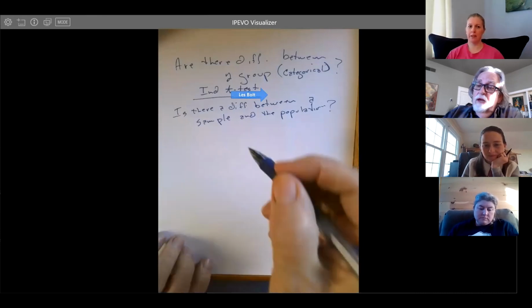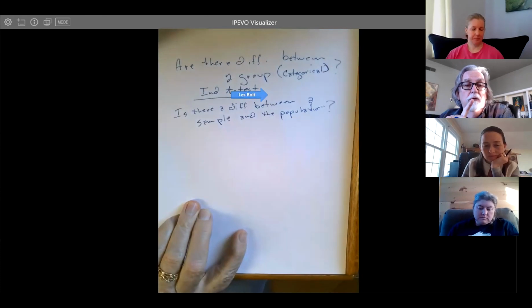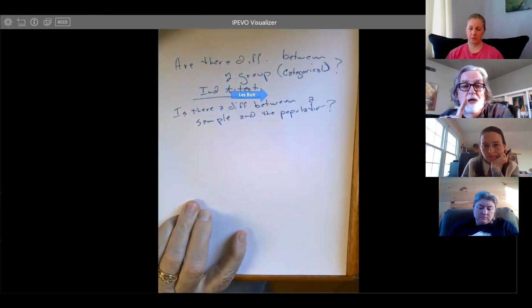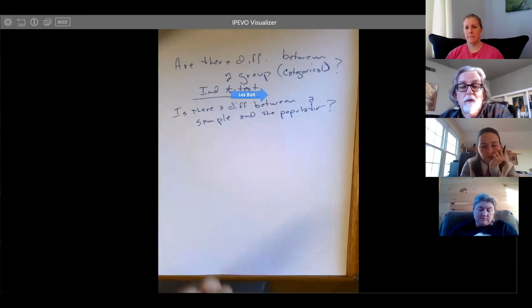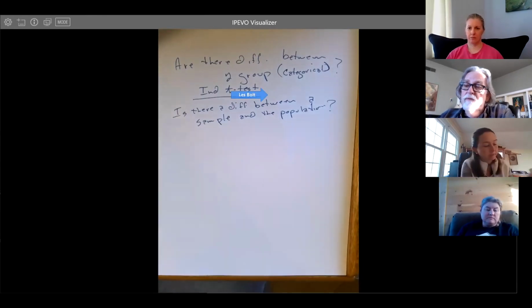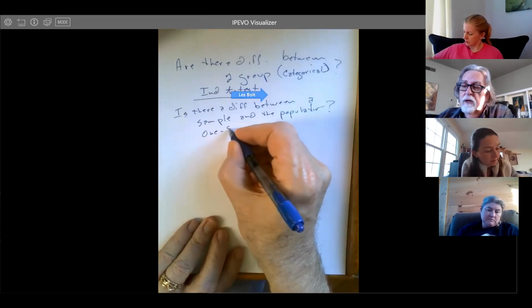And if there is a difference between a sample and a population, that means you've only got one group. You've only got one sample and a population metric, some value that you know about a population. And so that would be what we call the one sample t.